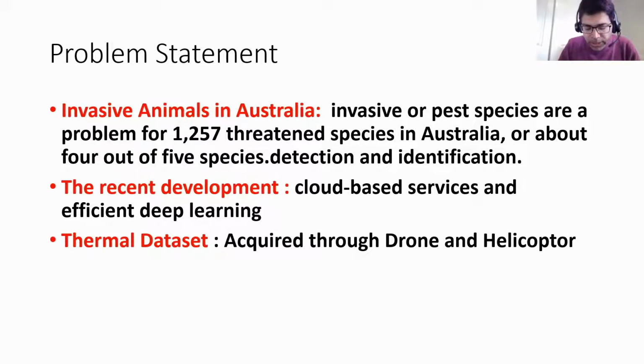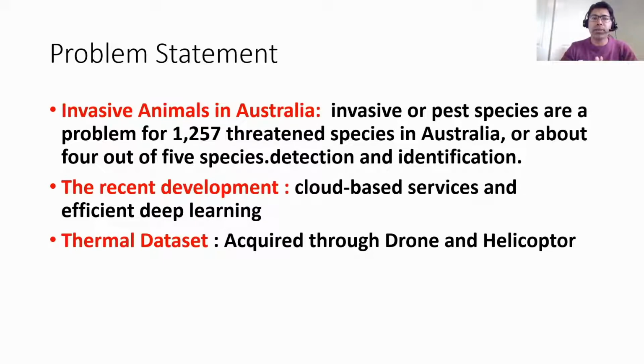Similarly, in farmlands, rabbits reside under the land, and in that scenario it's very difficult to identify how many of them are there and where they are. It's a big challenge for farmers.